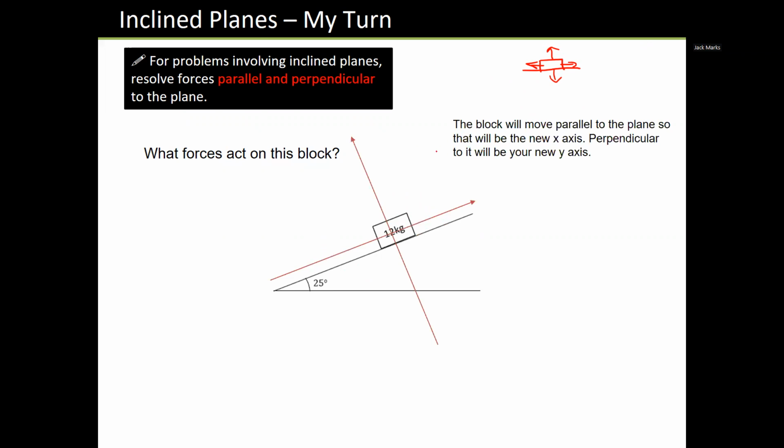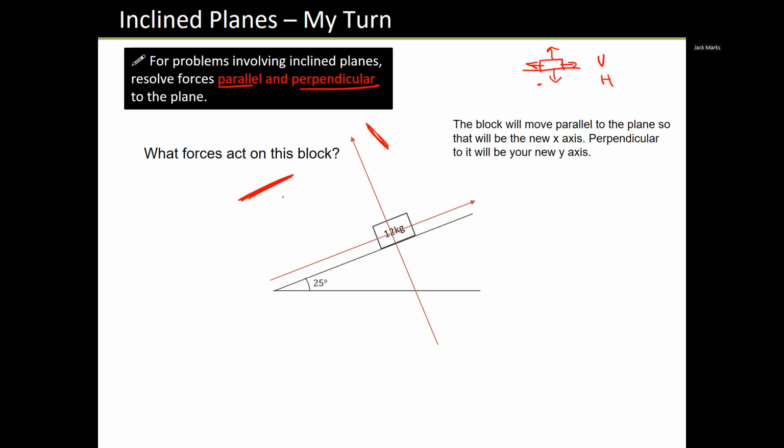Now, if we really wanted to, we could picture all of our forces and make them like this, but that's not the approach that we're going to go for. Instead of talking about forces being vertical and horizontal, we're going to talk about forces being parallel, meaning this direction here, up the slope, down the slope, and perpendicular, so into the slope and away from the slope.